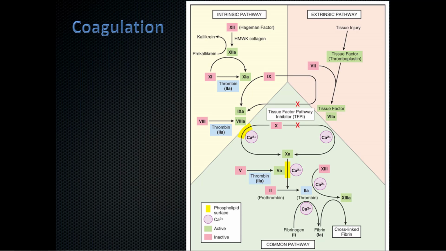Now, platelets are activated by the arrival of thrombin at the site of injury, and local platelets change shape. They become sticky and begin to aggregate along the vessel wall. Activated platelets undergo degranulation and release several factors to assist in clot formation.